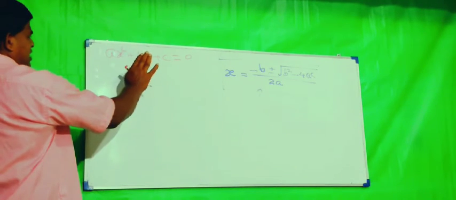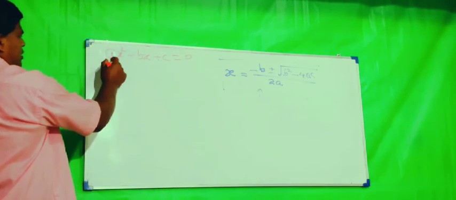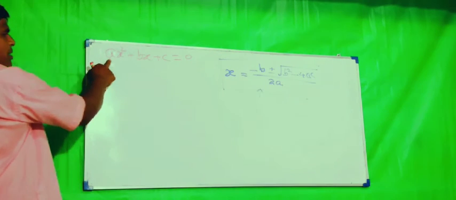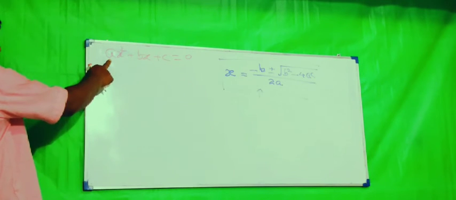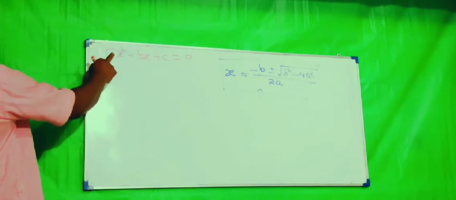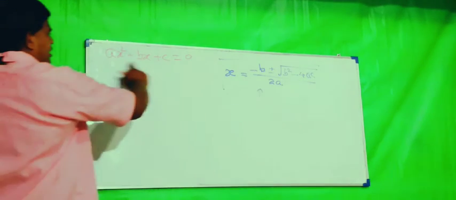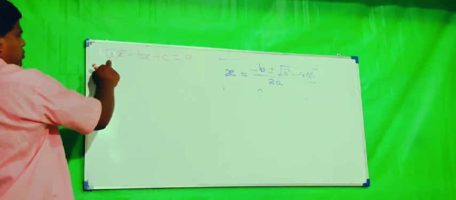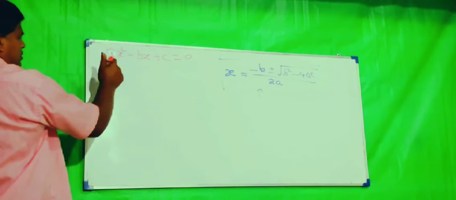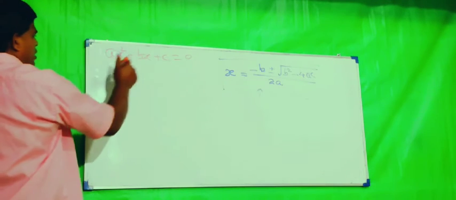To convert it into a complete square, the coefficient of the square term should be 1. Here the coefficient is a. That's the main necessity that was discussed earlier. Then this entire equation should be divided by a in order to make the coefficient of the square term 1. Then all terms should be divided by a.